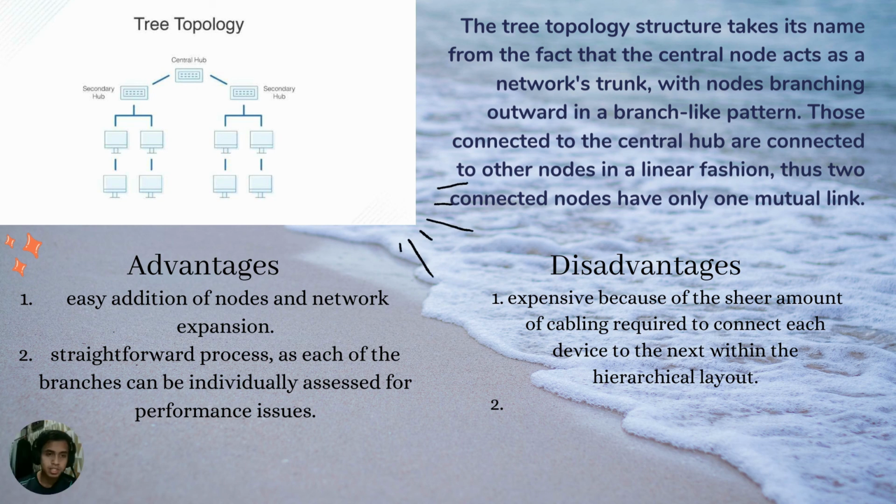The advantage for tree topology is easy addition of nodes and network expansion. And the second advantage is a straightforward process, as each of the branches can be individually accessed for performance issues. The disadvantage for tree topology is that it is very expensive because of the sheer amount of cabling required to connect each device to the next within the hierarchical layout.